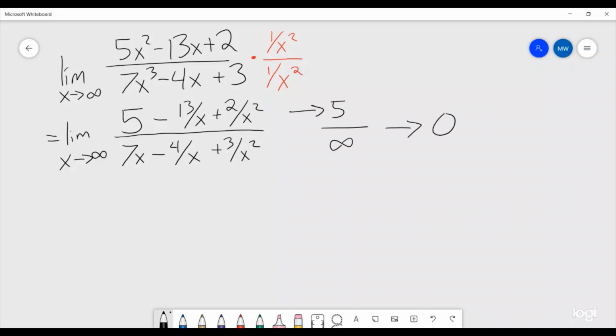We could have done it this way, but we could have also done this by multiplying the top and bottom by 1 over x cubed. That would have given us a different one that we could have also done. So let's go through how we would do that.